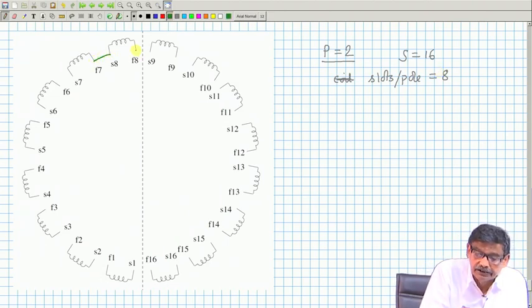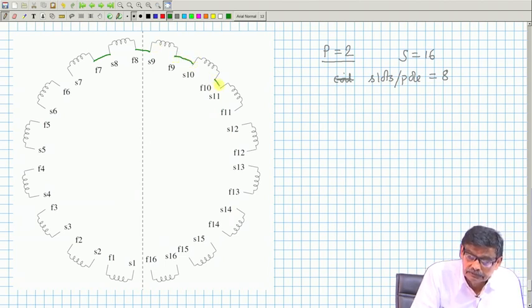So, that thing I quickly do. What will happen if the number of poles is equal to 2, not 4? As I told you, all the coils should be connected in series.